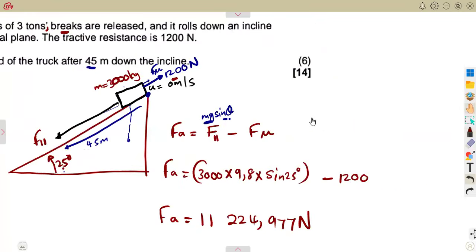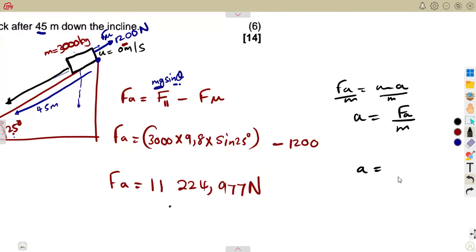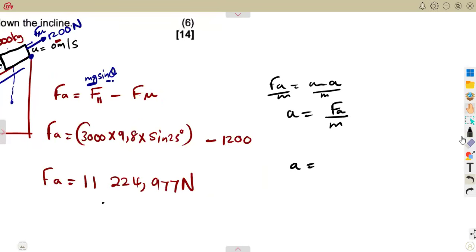Having the mass, remember we need to calculate acceleration because we've got the mass and the accelerating force, and we saw that FA is equal to MA. So acceleration is just going to be FA divided by the mass. So let's take our FA as it is, then we divide by the mass that we are given.